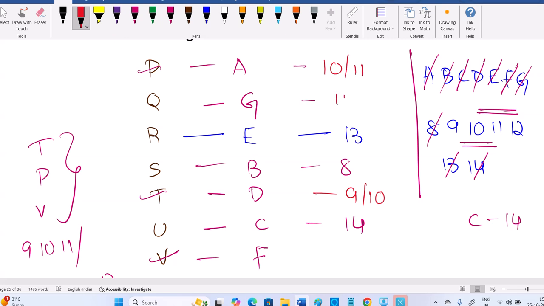V can be 11 or 12. Q can be 9 or 12. If I go for 10, 11, 12, Q will take 9. If they go with 9, 10, 11, Q will take 12. There are different possibilities for this. Is there any statement missing? Let me check again. But this is what it is.